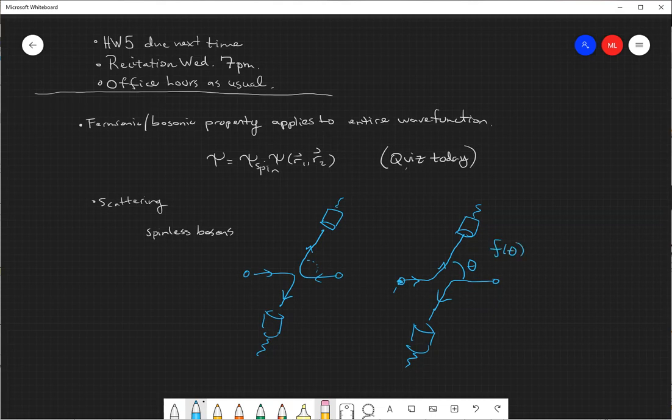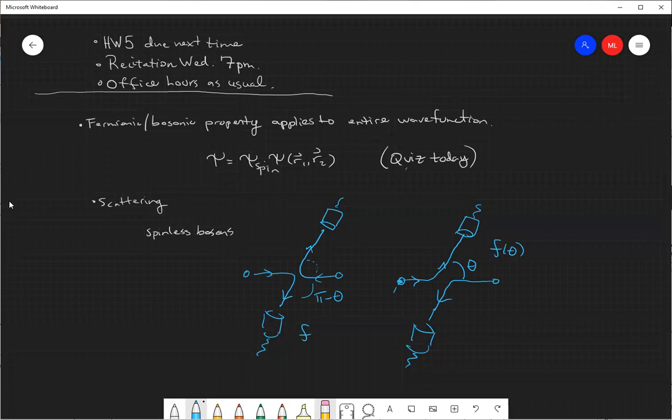But of course, for this guy right here, you would have this angle instead for the other process, and the relationship to theta is that it's just pi minus theta.